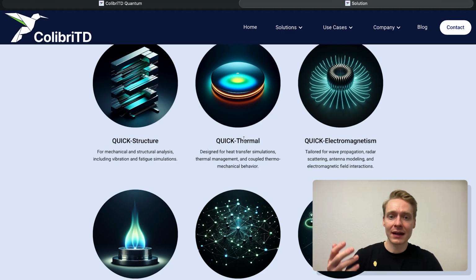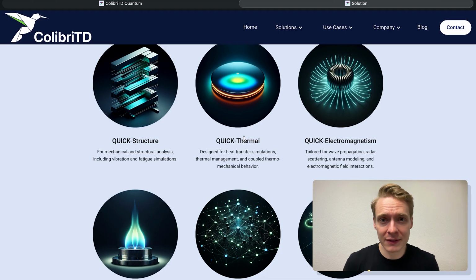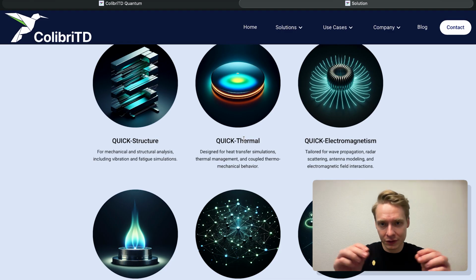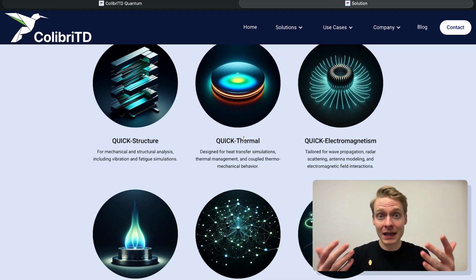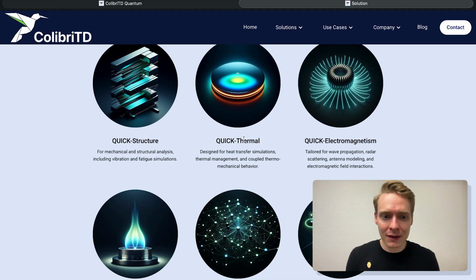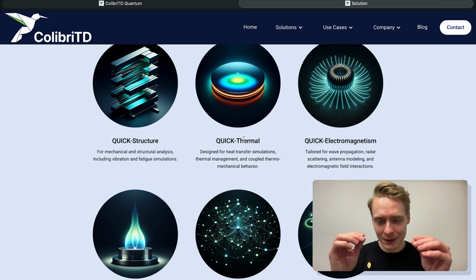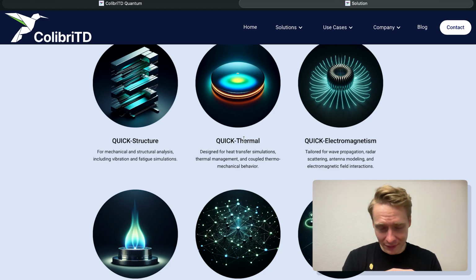Thermal properties of materials, at the end, they are more or less set by quantum properties. And if you take a lot of small quantum systems and you combine them stochastically, then you end up with the thermal properties. So you can actually derive quite a lot of thermal properties of materials by just taking the quantum system and running statistics on it.